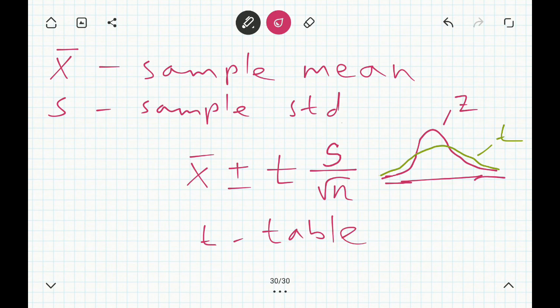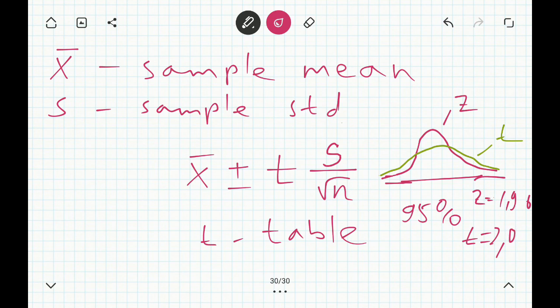Well, what else? Yeah, usually for the same level of significance, for the same level of confidence, values for t are larger than values for z. So for example, for 95% confidence, you'll have z equal to 1.96, and your t will be 2.1 or 2.01 if I'm not mistaken.